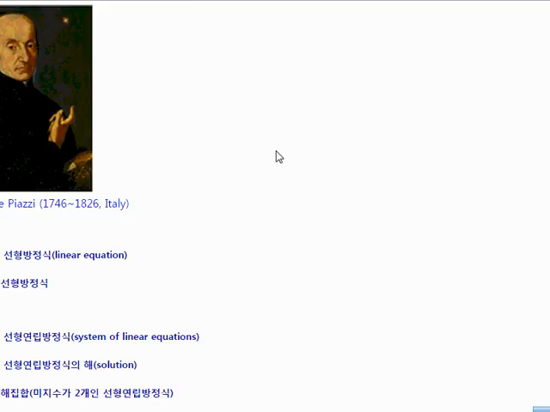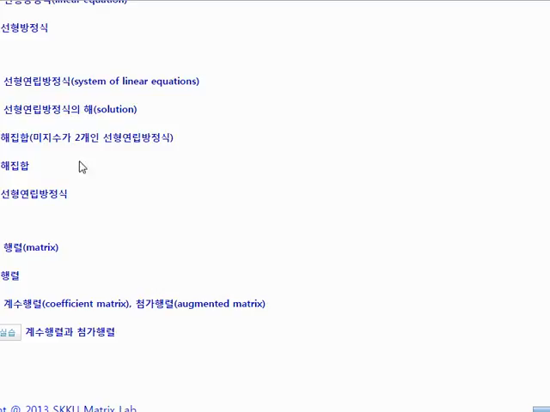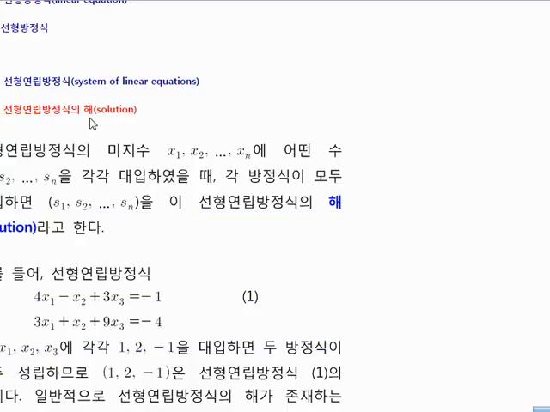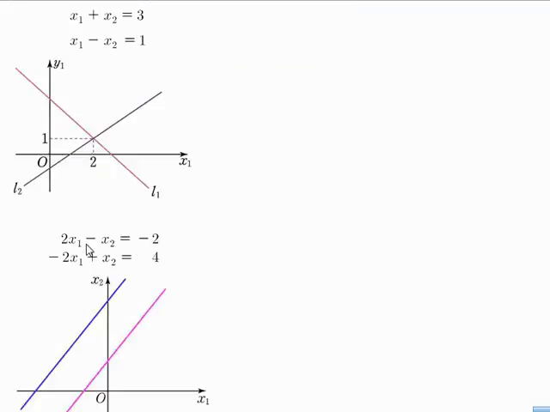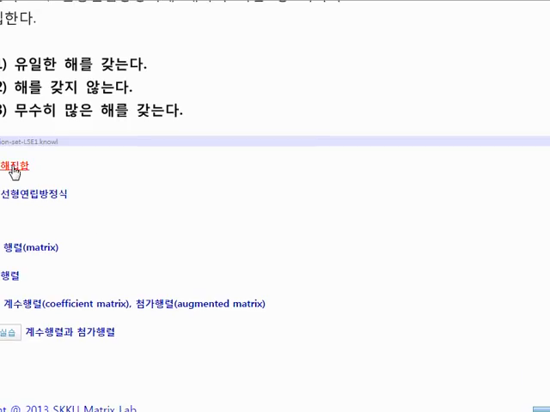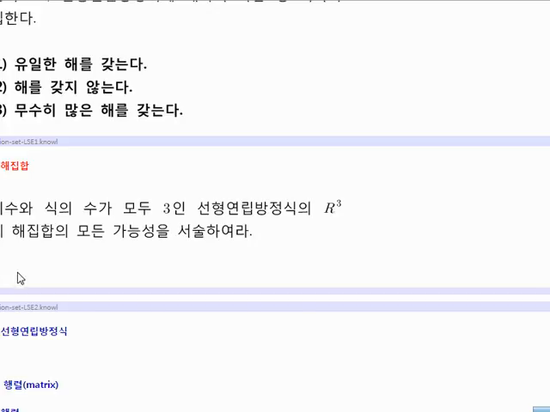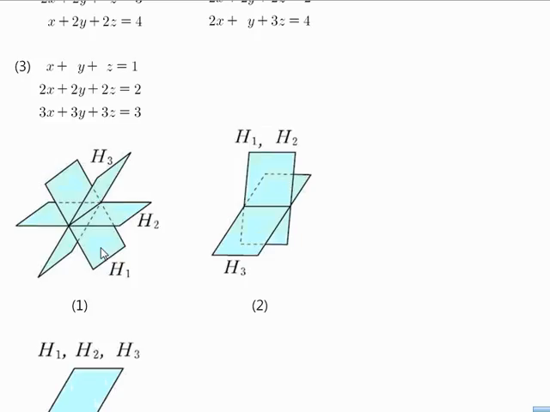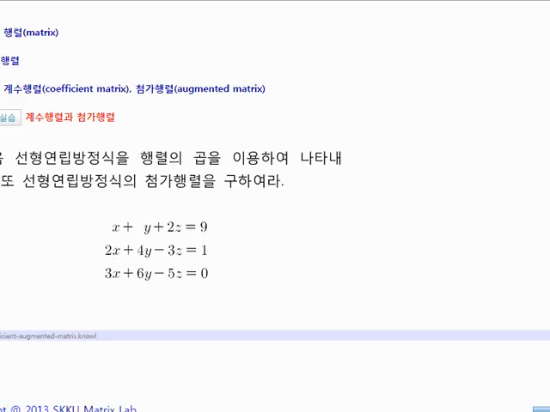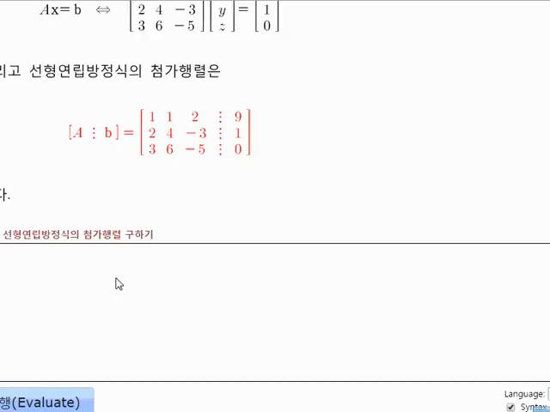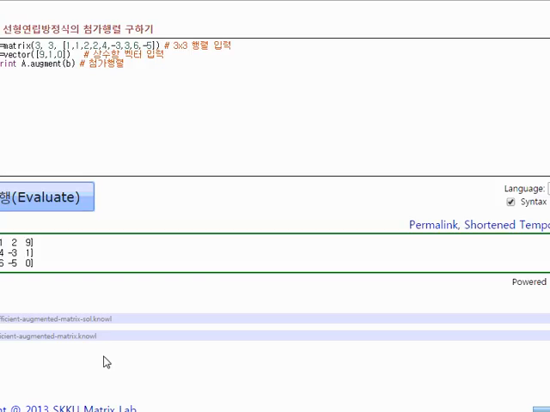This is in Korean, but from here you can see the definition of the linear system of equations and its solutions, and here are some examples, and some problems and solutions, and also problems and solutions with the computational tools.